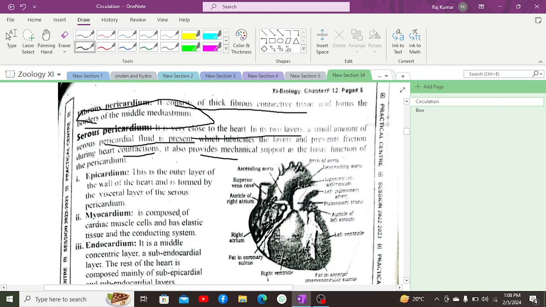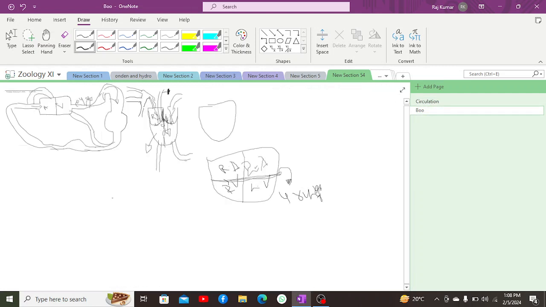Moreover, let me just try to explain it over here. As you can see, the heart layer is in such a manner. This is the heart, and the outermost layer is the fibrous pericardium, which is in contact with the thoracic cavity, the mediastinal lining. After that, we have the serous pericardium. It is a double layer.